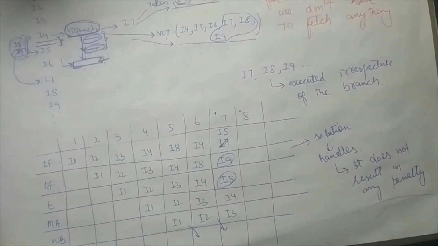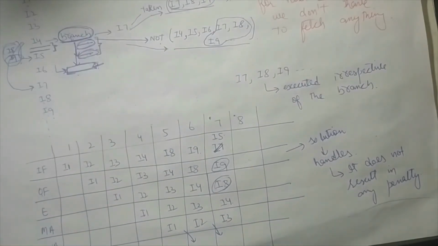Okay, the previous solution where we were stalling the pipeline was also able to handle the control hazard, but that was resulting in a 2 cycle penalty. And this delayed branch handles the control hazard, and it also does not result in any penalty.